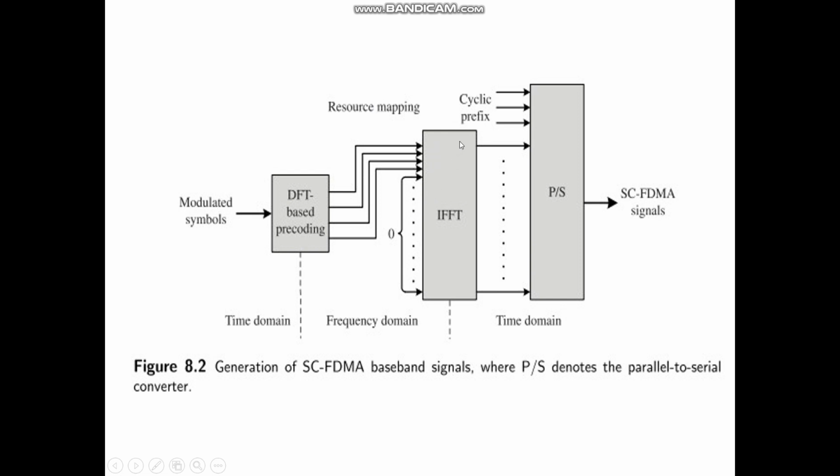After that resource mapping, the output signal is time domain now, and this time domain signal is now added with cyclic prefix, and finally it is converted into a serial sequence of data. Earlier it was a parallel signal, now it is converted to the serial sequence, and it can now be transmitted onto the channel.